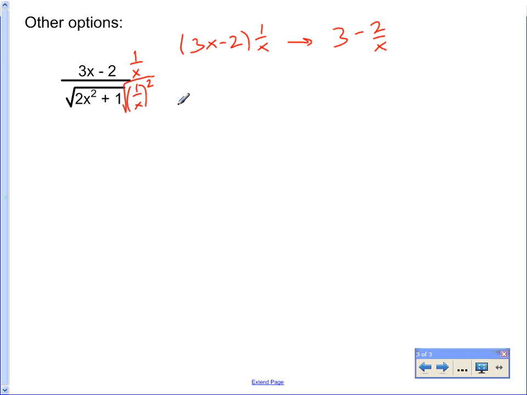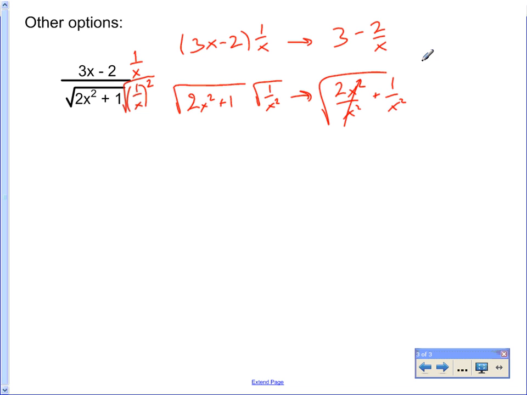On the bottom, I'm taking this square root and multiplying it by this square root, so I can combine them in the same square root, which will give me 2x squared over x squared plus 1 over x squared, all in the square root. And then these will cancel. So I'll copy the top down. On the bottom, I've still got this square root, but now it's just 2 plus 1 over x squared.